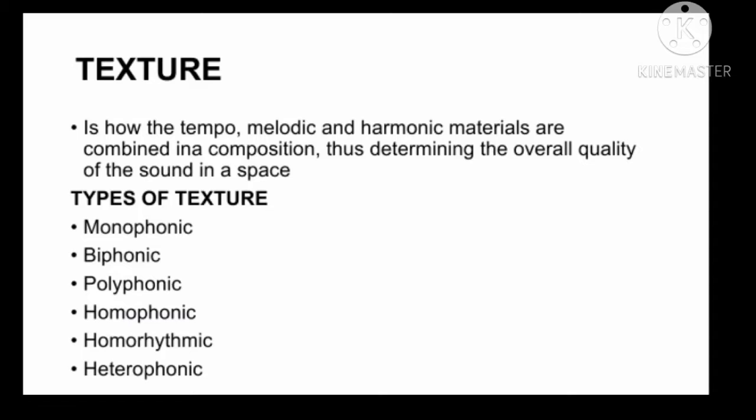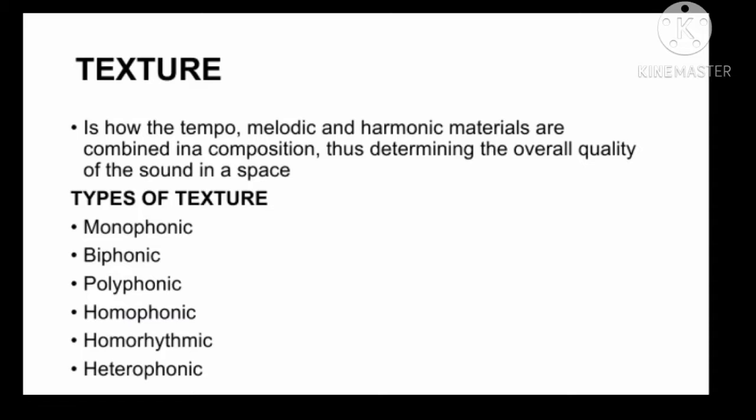First is monophonic. Monophonic includes a single melodic line with no accompaniment, or in other words, one sound only. Second is biphonic. These are two distinct lines, the lower sustaining a drone while the other creates a more elaborate melody. Third is polyphonic.